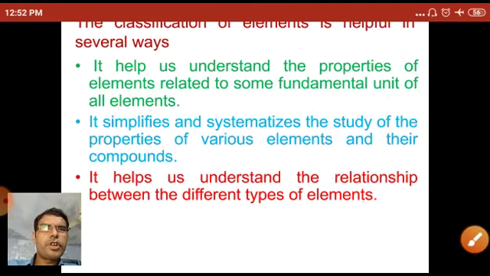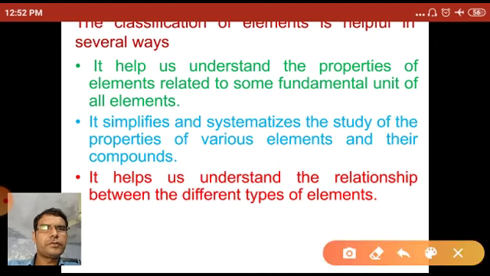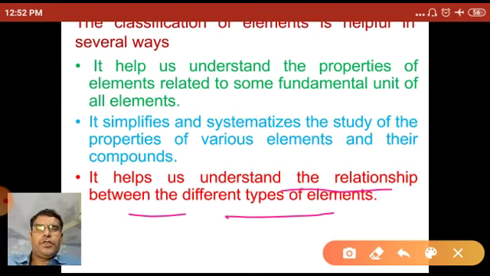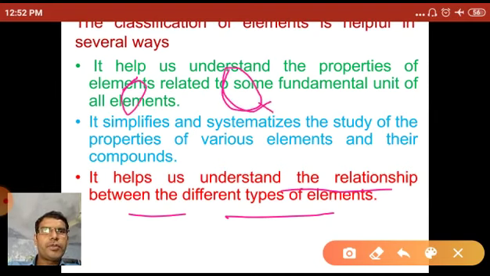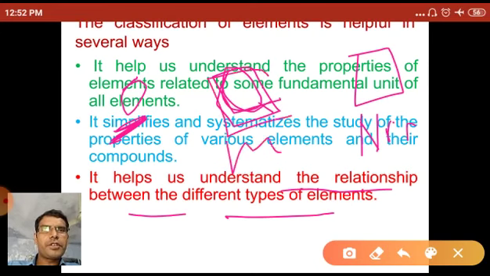So the classification of the elements helps us understand the relationship between the different types of elements. That means on the left hand side metals are present, in the middle diagonally the metalloids are present, and on the right hand side the non-metals are present in the periodic table.